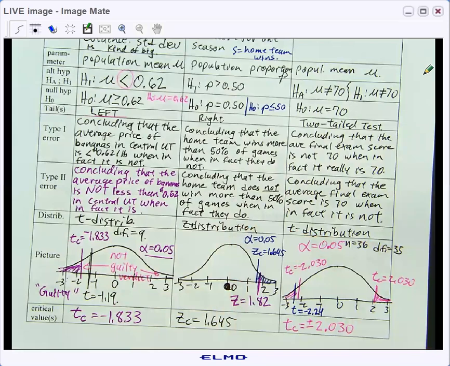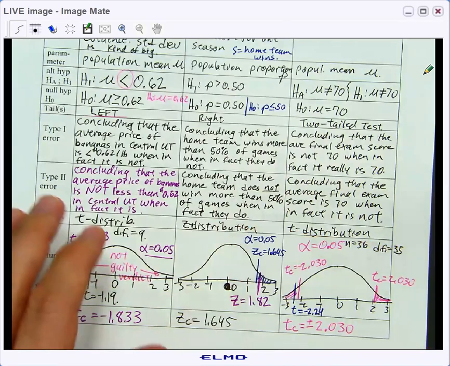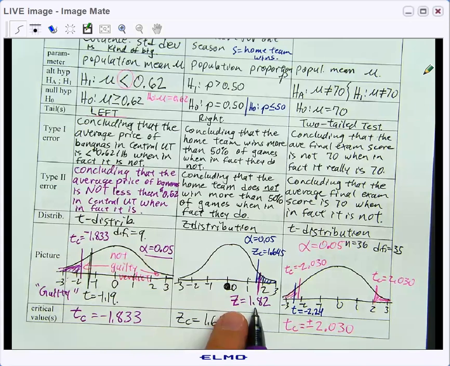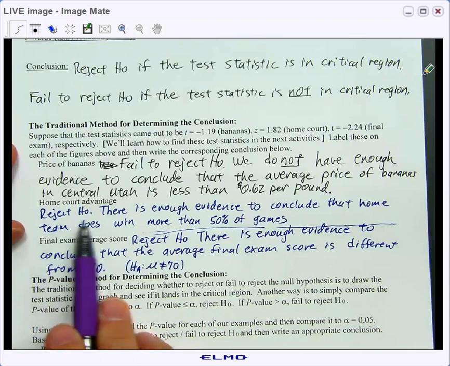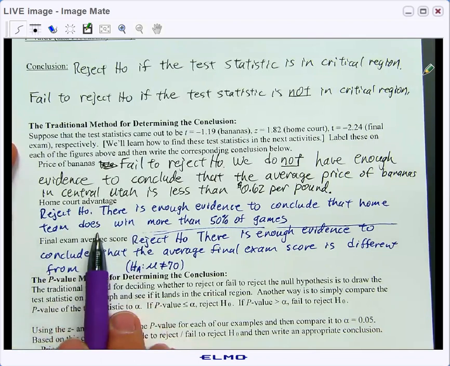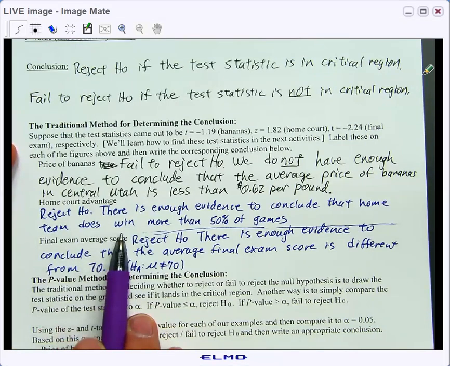And then we actually were given on page 3 that the test statistic is 1.82. And that landed in the critical region. So our conclusion would be to reject H naught. There is enough evidence to conclude that the home team does win more than 50% of the games.